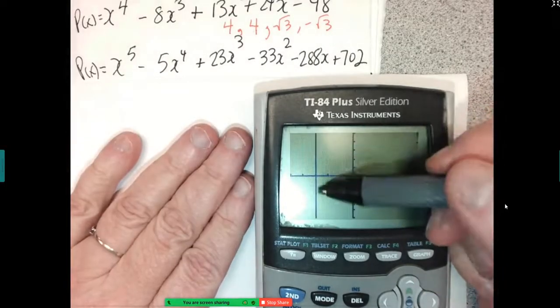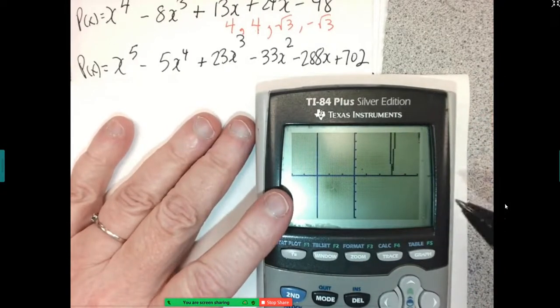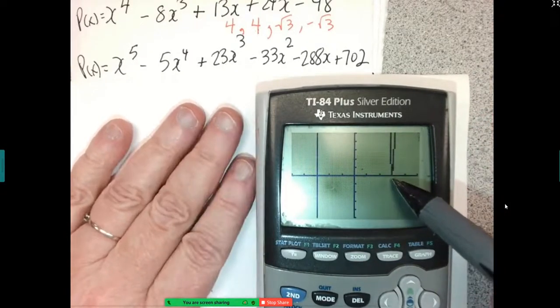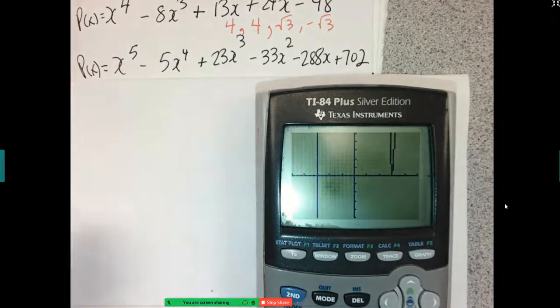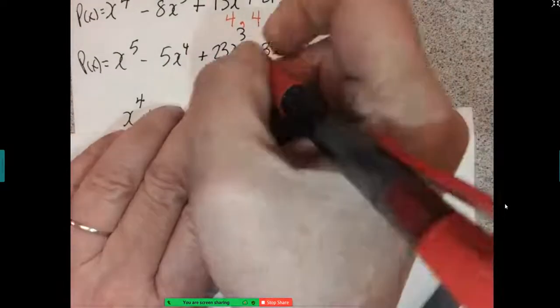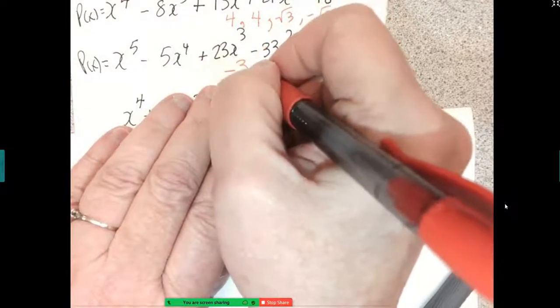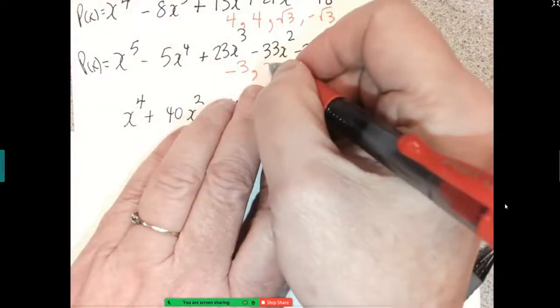So I definitely have odd multiplicity at -3. It looks to be multiplicity 1. And then here at +3, it touches and bounces back, and there's no flattening there. So it looks like the zeros to this are going to be -3, which occurs once, has multiplicity 1, and then +3 occurs twice.